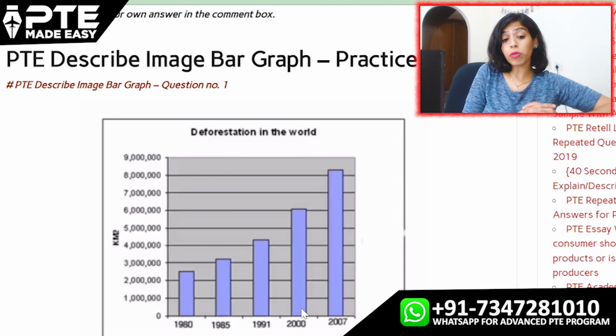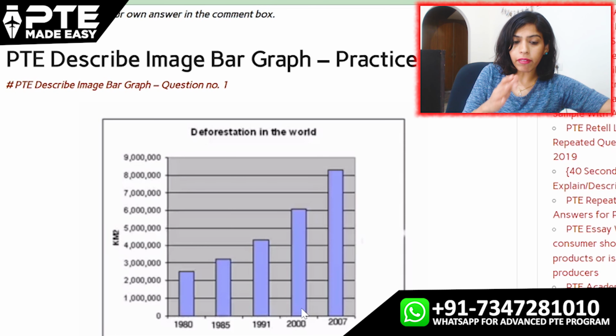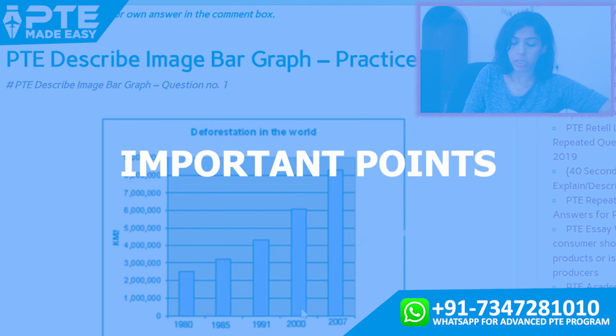In the year 2007, it was around four times the rate at which deforestation was taking place in 1980. That was 8.2 square kilometer. So simply look at the graph and answer only the important points.